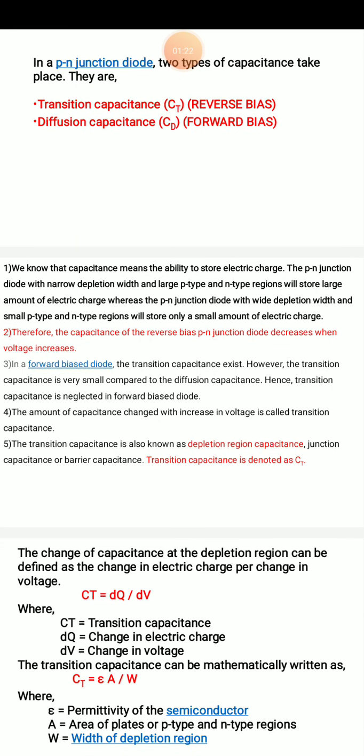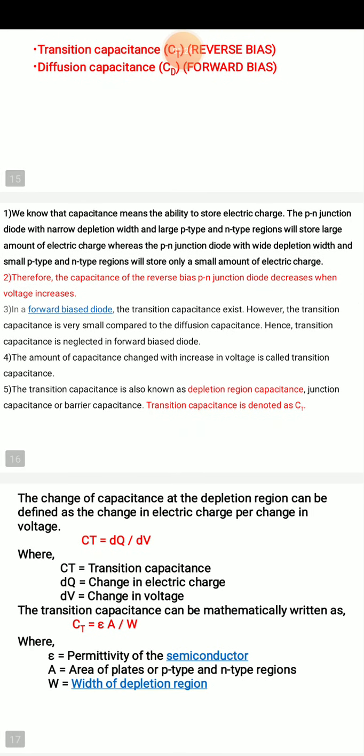The PN junction diode with narrow depletion width and large p-type and n-type regions will store a large amount of electric charge, whereas the PN junction diode with wide depletion width and small p-type and n-type regions will store only a small amount of electric charge.